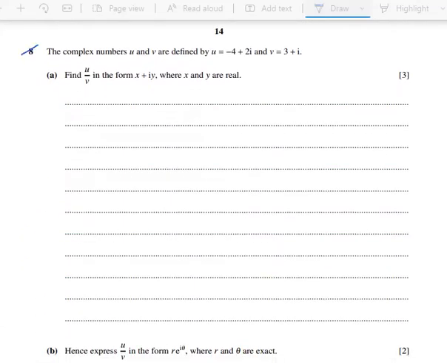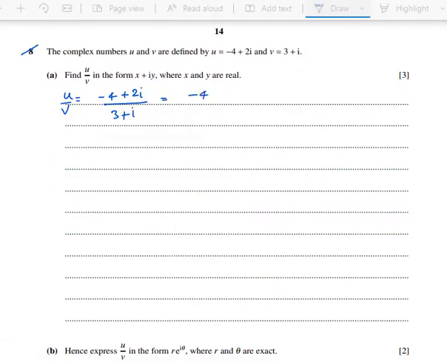We have complex numbers u and v defined by u equals this and v equals 3 plus i. Find u by v in the form x plus iy. So u by v, I can write it as minus 4 plus 2i divided by 3 plus i.